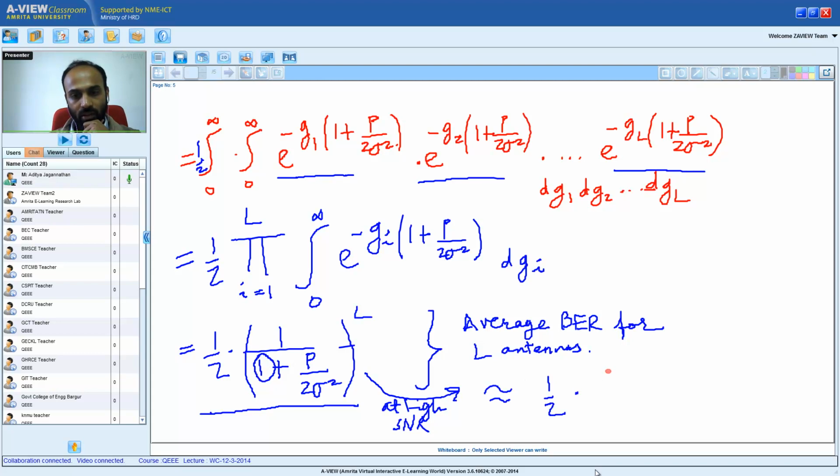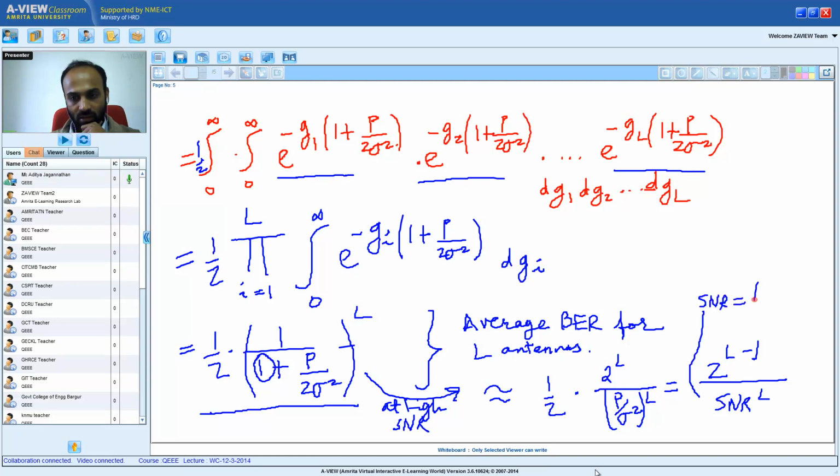So that will give me 2 to the power of L divided by P over sigma square to the power of L, which is equal to 2 to the power of L minus 1 divided by SNR to the power of L, where SNR equals P over sigma square. Therefore, you can see that the bit error rate is decreasing as 2 to the power of L minus 1 by SNR to the power of L.